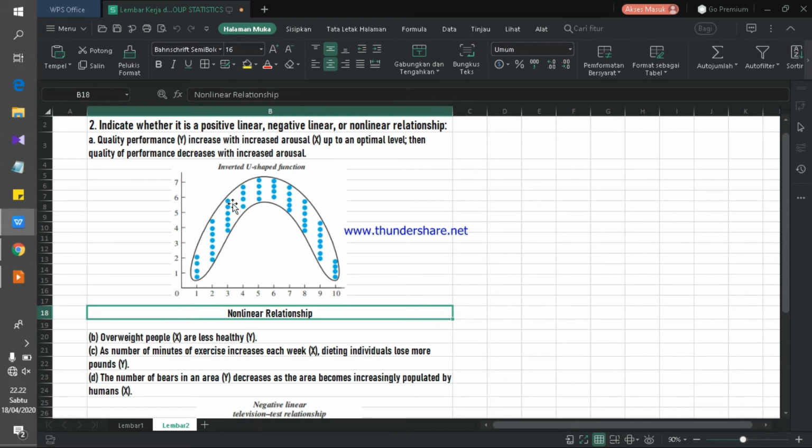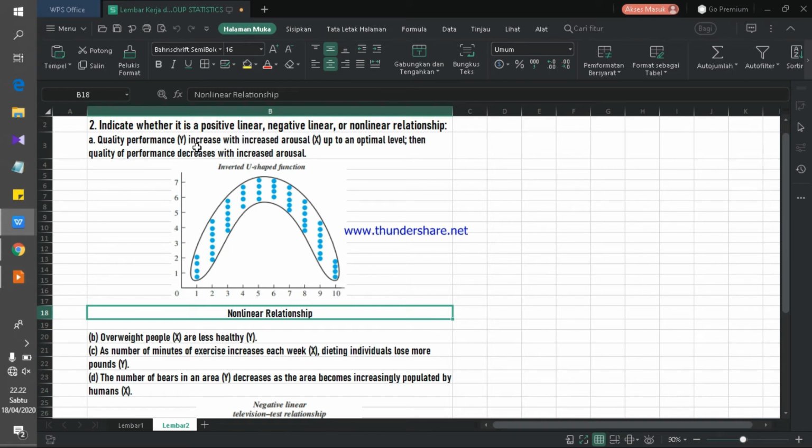So here is the graphic, the scatter plot we can see here. And then until here, at the optimal level, the quality performance or Y is decreased, right? We can see here the data is decreasing, from 7 until 1. It means that it is decreasing.